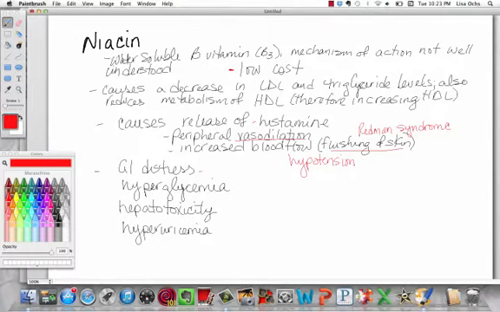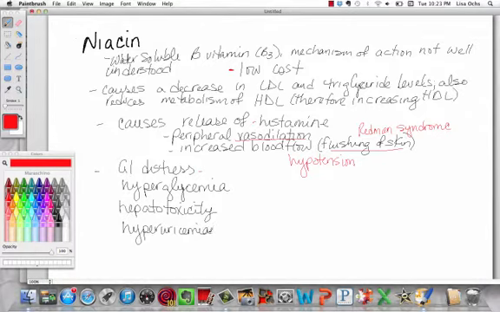Hepatotoxicity, so if the patient is at risk for liver problems, or if they have a history of liver problems or alcoholism or hepatitis or liver cancer or things like that, you should not use this drug for those patients, and monitor their baseline symptoms. And hyperuricemia, uric acid crystals can accumulate in the blood.